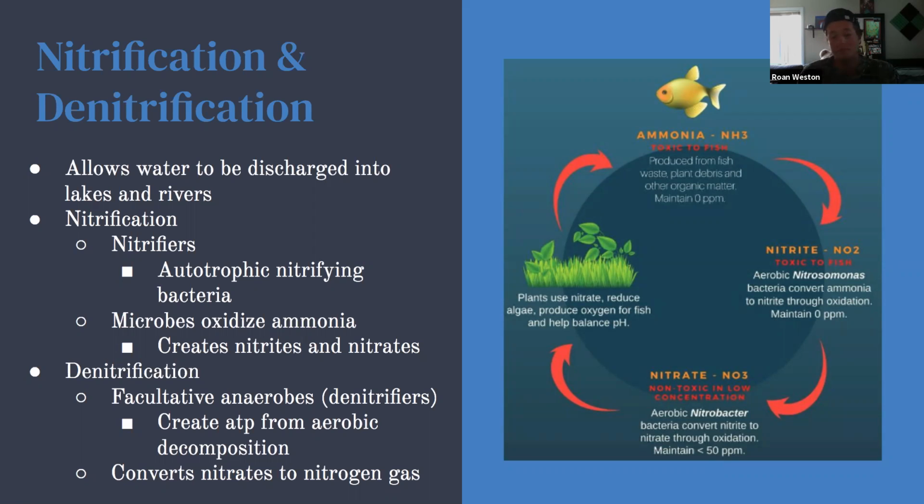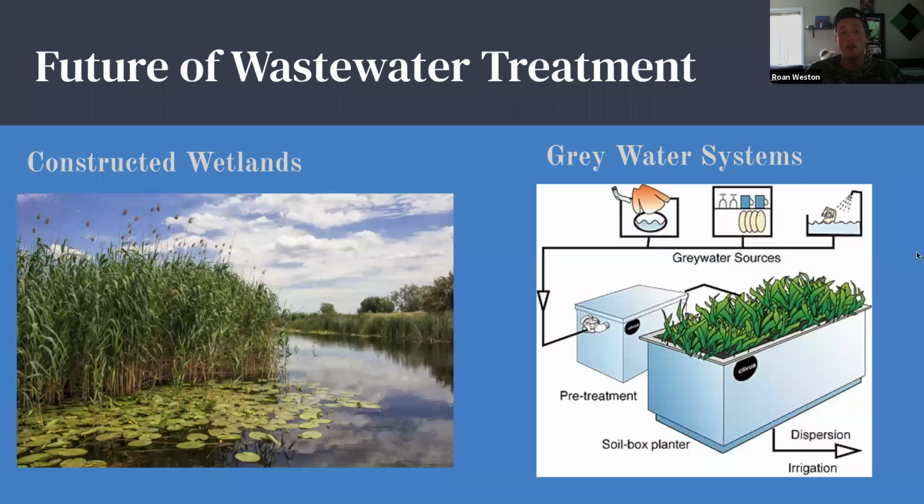I want to talk a little bit about the future of wastewater treatment. On the left, you see a wetland, and wetlands provide a lot of environmental services for humans. They prevent erosion and flooding, and they also provide natural habitats for some of the most important organisms on the planet.